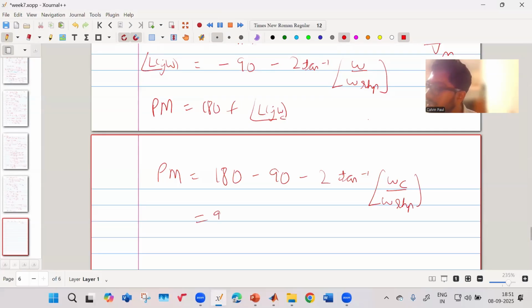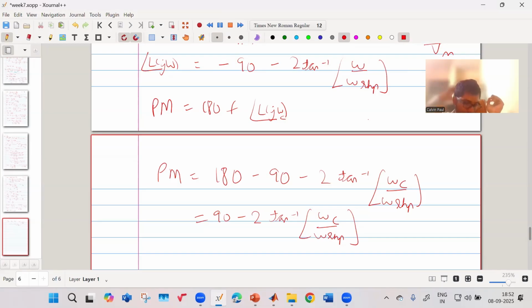So that is equal to 90 minus 2 tan inverse of omega C by omega RHP. If your omega C is equal to omega RHP, then your phase margin is 0. That is not a stable design. If your omega C becomes greater than omega RHP, it is not a stable design as your phase margin will then be negative. So we want our phase margin to be positive.